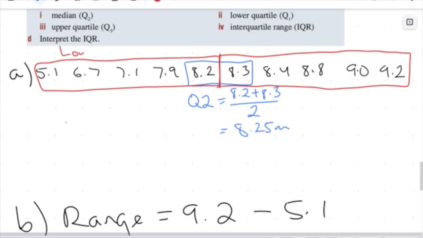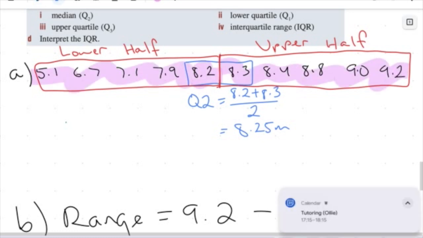So this is my lower half of my data split by our median, and this is my upper half of my data. And we can see that this is split equally because now I have 5 terms on the left and 5 terms on the right. So taking an average of these two terms gives me a number right in between.